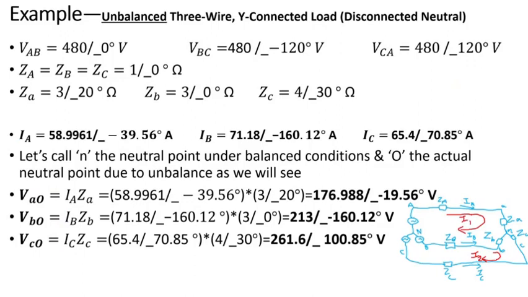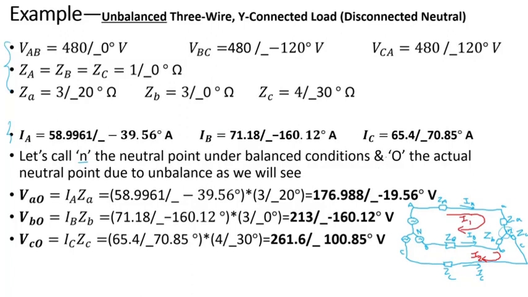Now we want to calculate the neutral shift. Like I was saying earlier, and I just kind of showed, these are the given values. This is what I calculated just for convenience. So let's call N the neutral point under balanced conditions, and that's what I'm showing here.